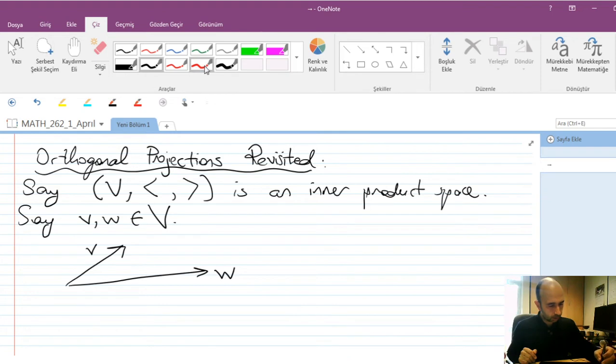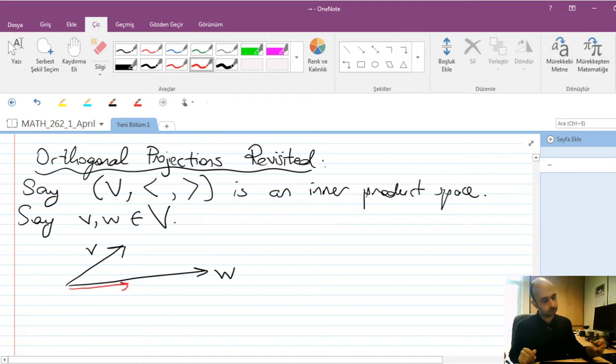Okay, now what I mean by the orthogonal projection is something like that. So I want this angle to be 90 degrees, and I want some projection of V along W.